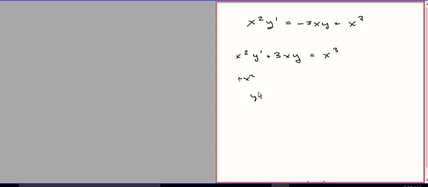So I'll get y prime plus 3x divided by x squared y is equal to x cubed divided by x squared. Here I have x squared divided by x squared, so that ends up being y prime plus 3 over x times y is equal to x. So that's standard form. So first step, put it in standard form.